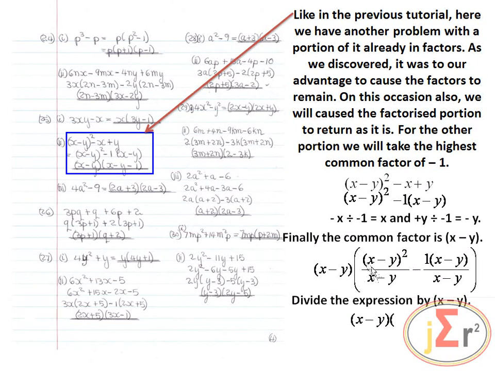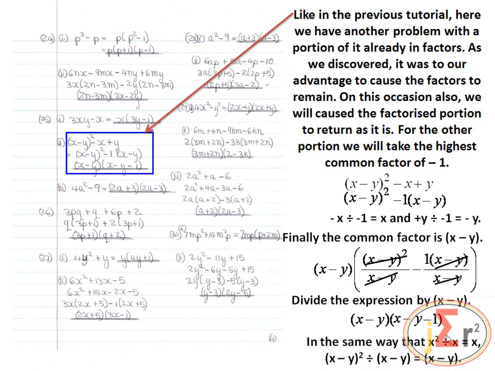So if we say (x − y) all squared divided by (x − y), we will get x − y, because we are cancelling one of the two occurrences of x − y that we have multiplying together in that numerator. And over here, no difficulty, these two are gone and the result is −1. So we have right there x − y, and we have here a −1.